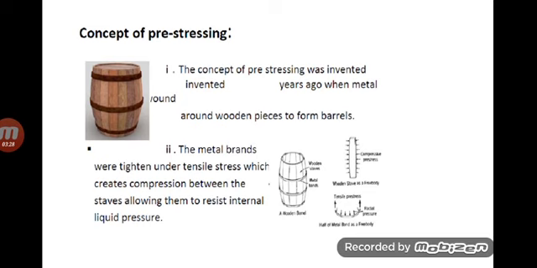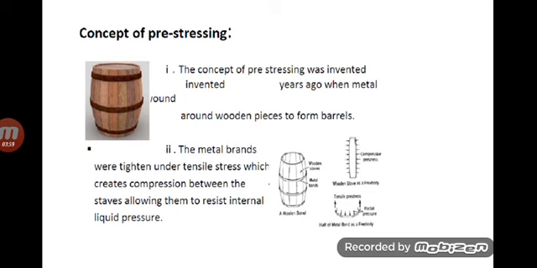Next, concept of pre-stressing. The concept of pre-stressing was invented years ago when metal bands were put around wooden pieces to form barrels. The metal bands were tightened under tensile stress, which creates compression between the staves, allowing them to resist internal liquid pressure. Actually, in pre-stressing, we are applying tensile force in the pre-stressing tendons so that it will create compressive stress inside the concrete.